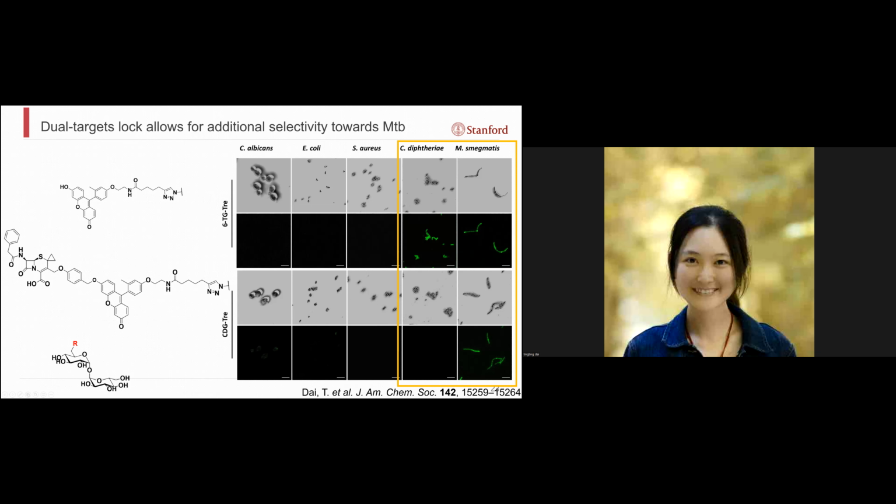Different from the previous probe, we noticed that because C. diphtheriae doesn't have the beta-lactamase enzyme, it doesn't show any signal, although it has the same cell wall structure. So we come to the conclusion that because of the two targeting moieties, we were able to achieve a higher and better selectivity towards Mycobacterium tuberculosis over other species.